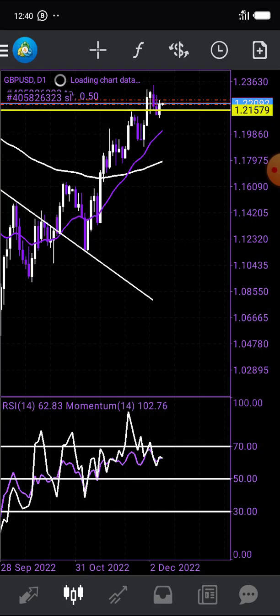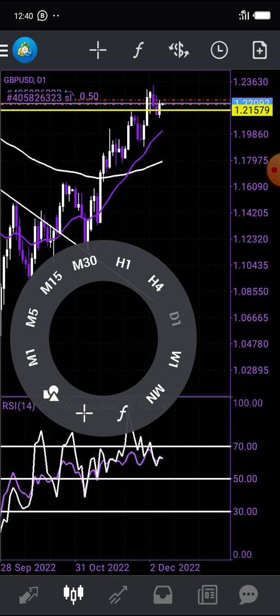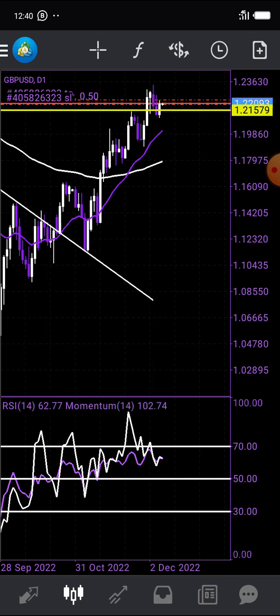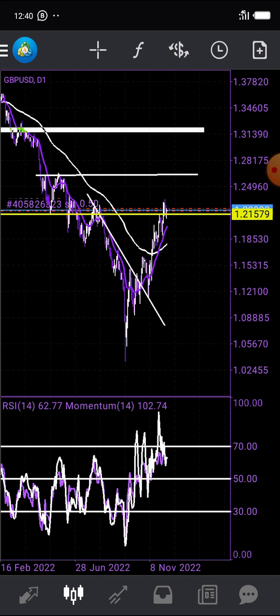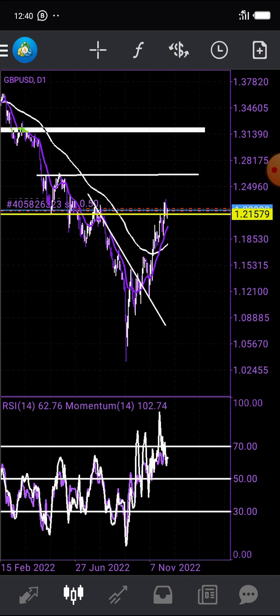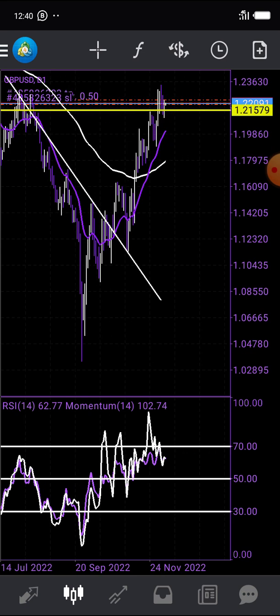So the GBP USD, I've marked out my levels on the daily time frame. This is the major level, this is a major level, this is a sub major level, and this is just a point of price breaking out.